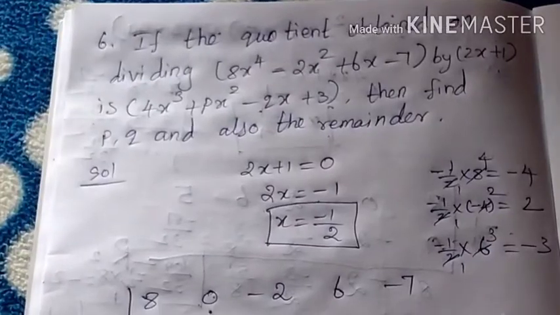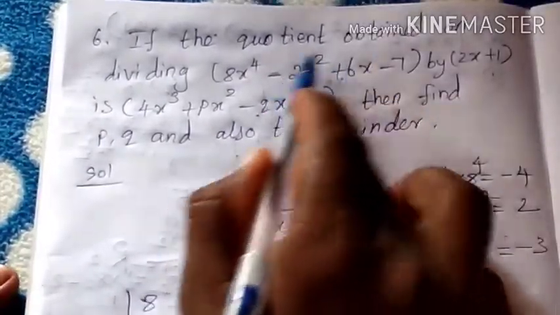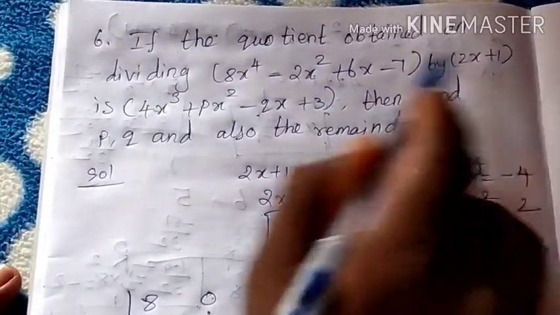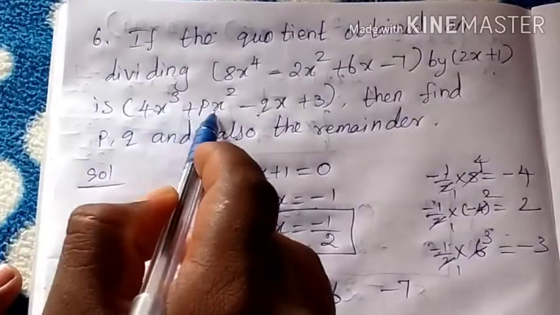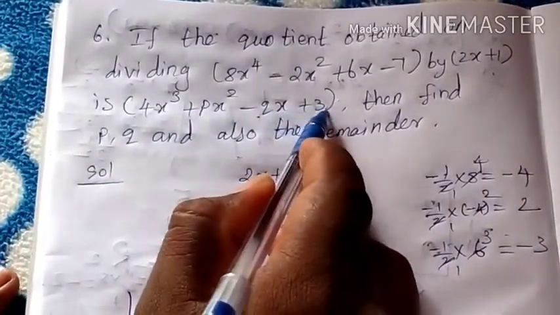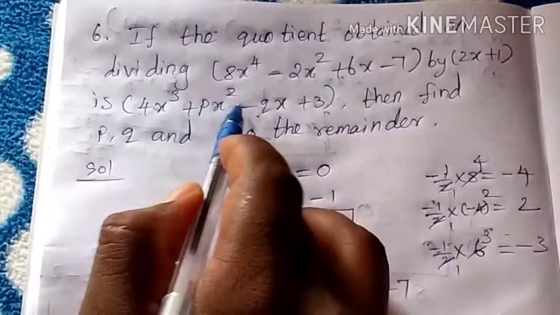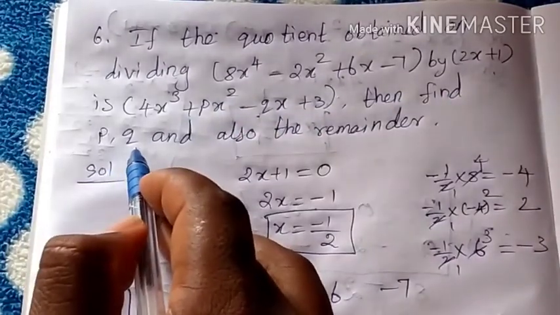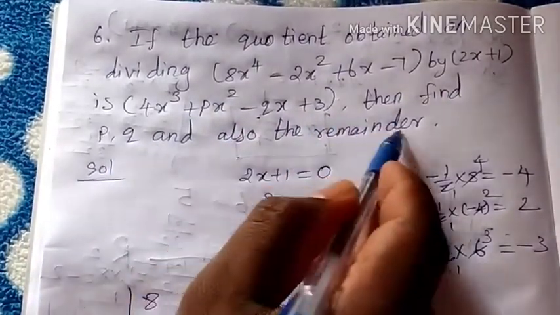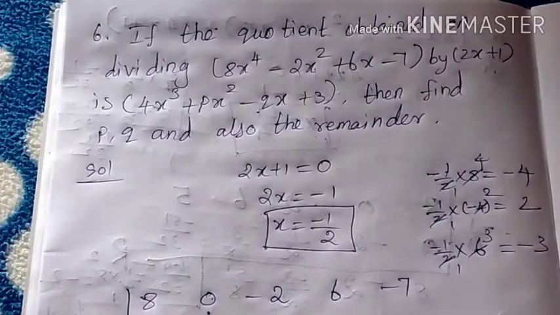Consider the question. The given polynomial divided by 2x plus 1, we get the quotient 4x cube plus px square minus qx plus 3. The quotient is also given. Then find the value of pq and also the remainder. Remainder, now we get, this is minus 10.